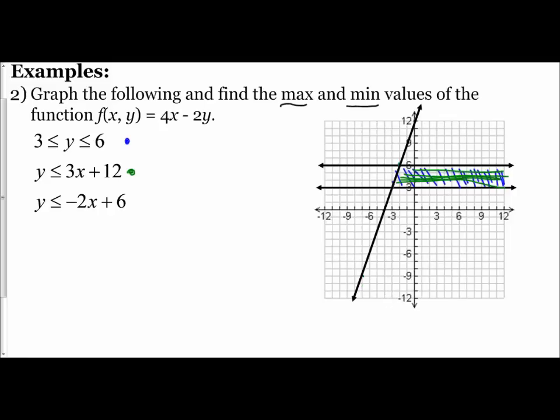And so now I'm going to do the next one. I'm going to sketch the graph of y is less than or equal to negative 2x plus 6, and I will use purple for this line.